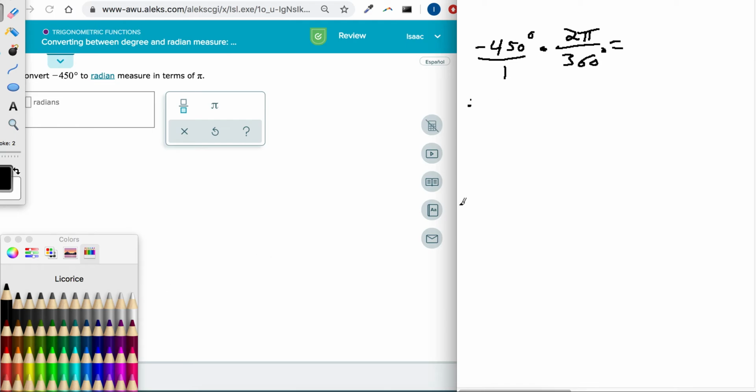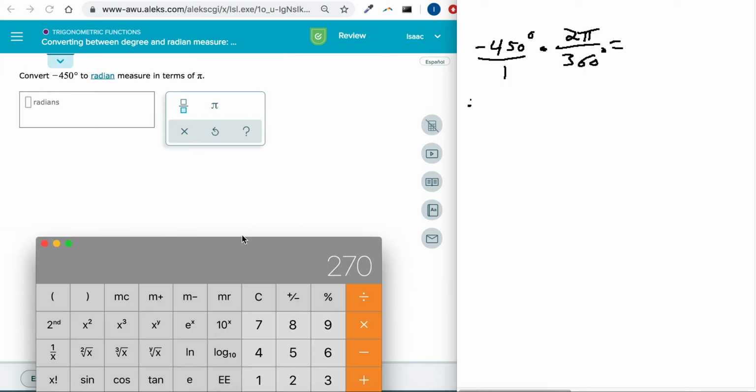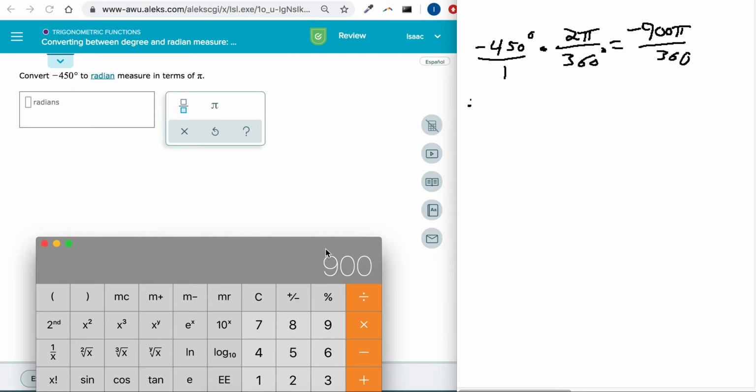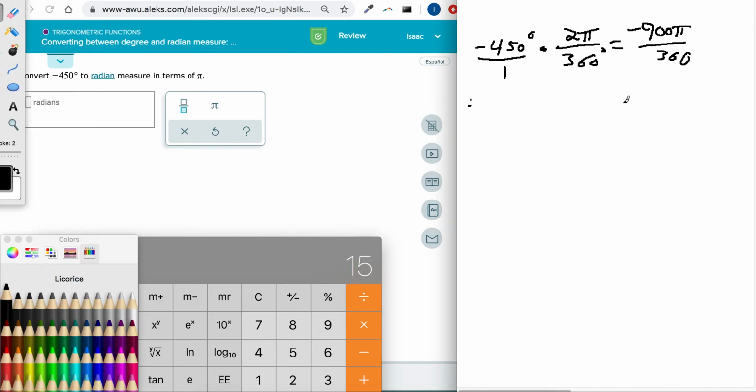So let's do what we usually do. Put a little 1 underneath that number. We've got 450 times 2. That makes negative 900 pi over 360. Oh, good luck simplifying that. I probably should know after all these years. 900 divided by 60. 60 can fit into the top and the bottom.